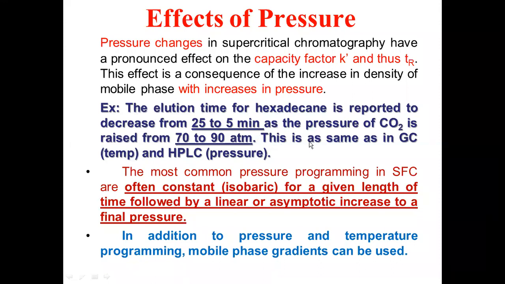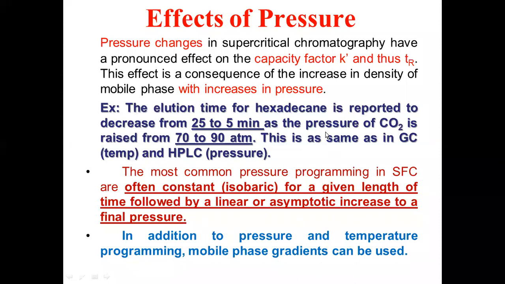So this is called pressure programming. This is the same as what we do in GC by programming the temperature, and in SFC we will be programming with the pressure. Not only will the mobile phase composition be varying during the gradient elution process, but also the pressure programming will be done.